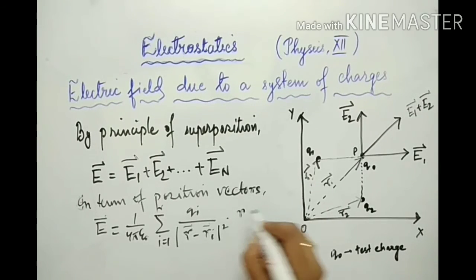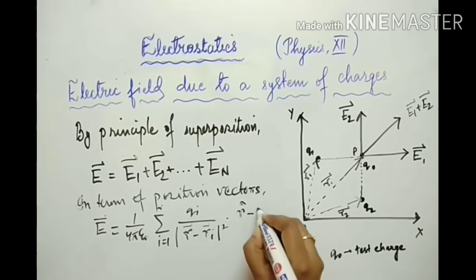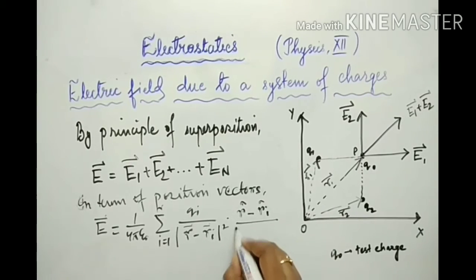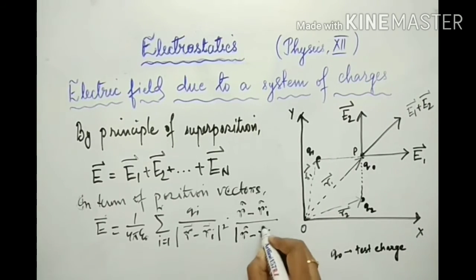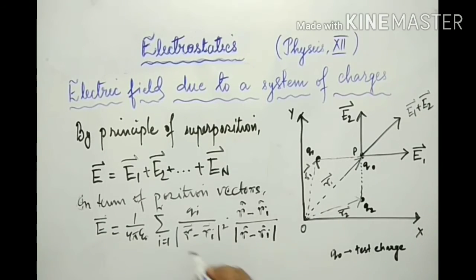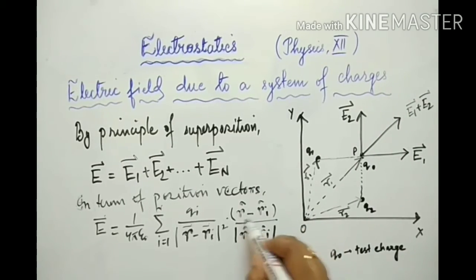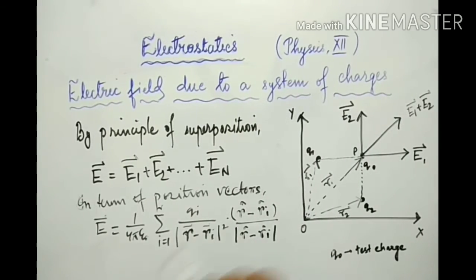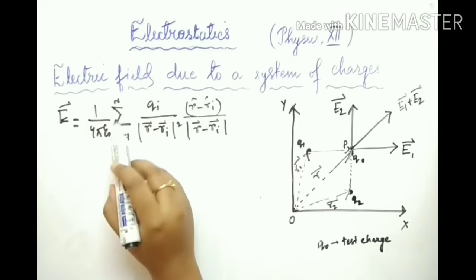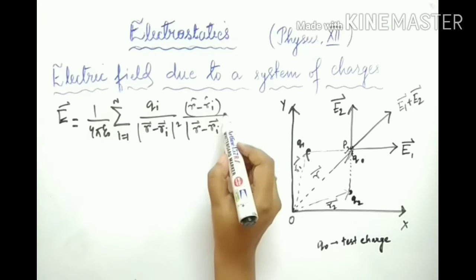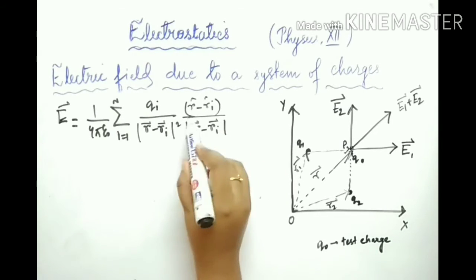So unit vector. Do you know what a unit vector is? Unit vector means the vector divided by the mod of the vector. So if it is written in the form of position vector, how do we get this unit vector, and why is it written in this form?